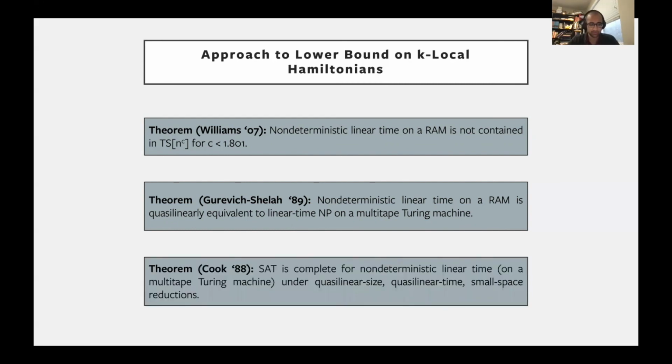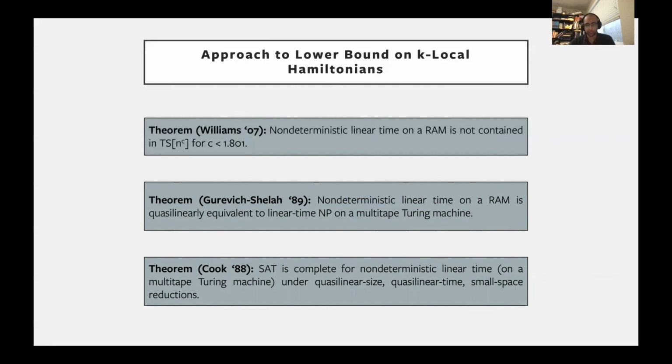And it's a theorem of Cook from '88 that SAT, the satisfiability problem, is complete for non-deterministic linear time on a multi-tape Turing machine under quasi-linear size, quasi-linear time, small space reductions. So putting all these together lets us pass from a lower bound on NTIME of n, non-deterministic linear time on a RAM, to SAT, because a lower bound on non-deterministic linear time on a RAM is equivalent, up to polylogs, to a lower bound on non-deterministic linear time on a multi-tape Turing machine, and SAT is complete for that.